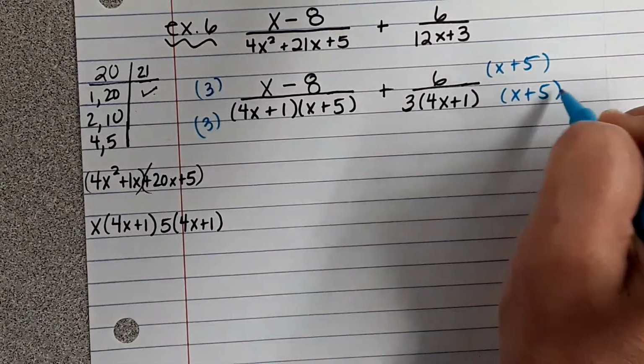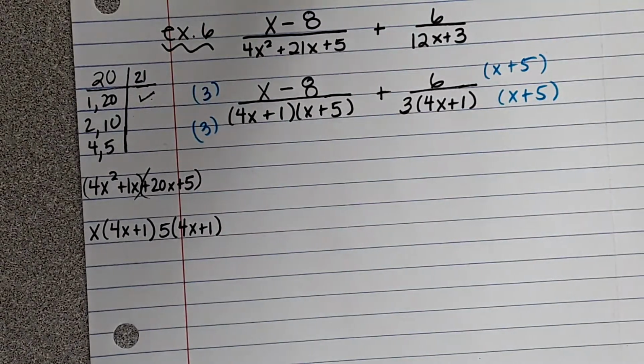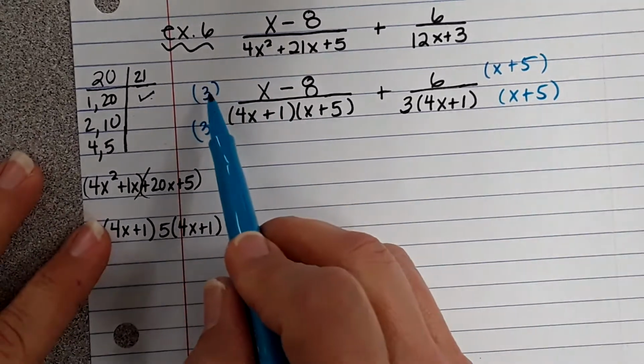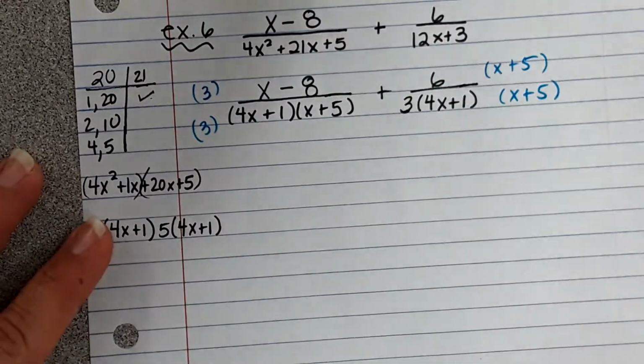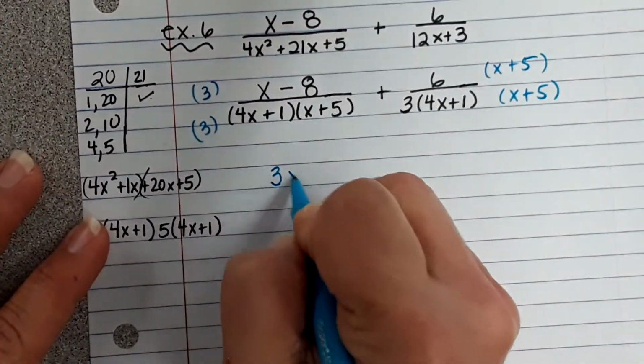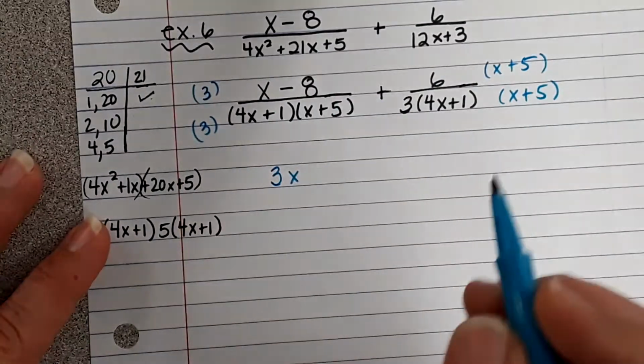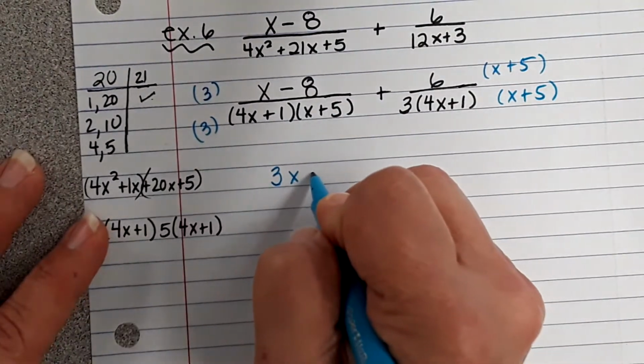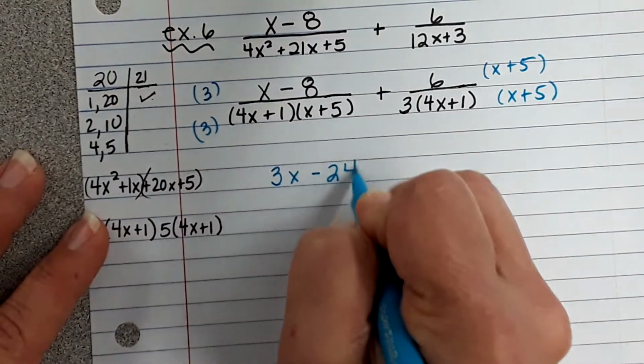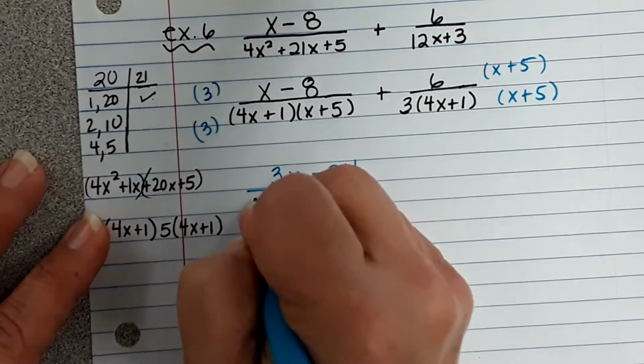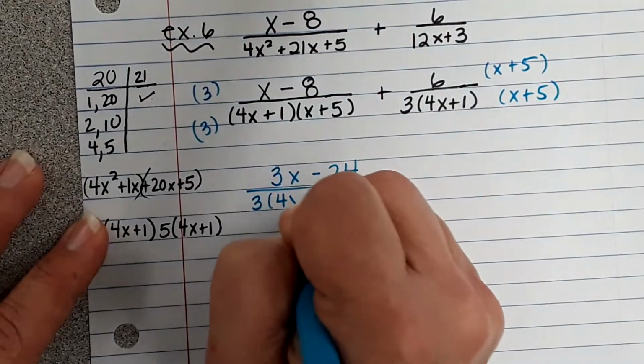So again, when you're trying to figure out what the common denominator is, you just need to look and say, okay, they have to be completely factored, and then you ask yourself, what are they missing? So now we're going to multiply the 3 times the x, and then you're going to multiply the 3 times the negative 8, and then on the denominator, you're just going to put that 3 in front.